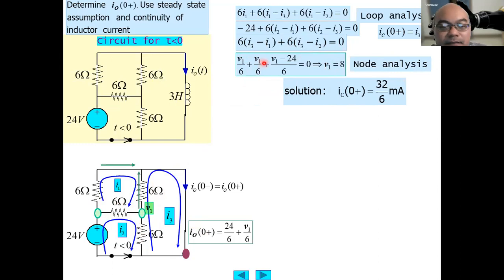Node analysis at this node V1: V1 over 6 plus V1 over 6 plus (V1 minus 24) over 6 equals 0. So we obtain V1 equals 8, and then we obtain IL at 0 plus, just after the switch is turned off, equals 32 over 6 milliampere.